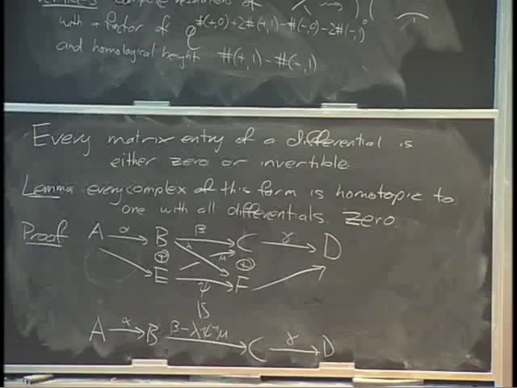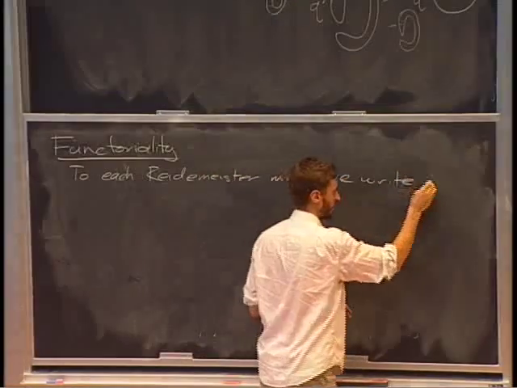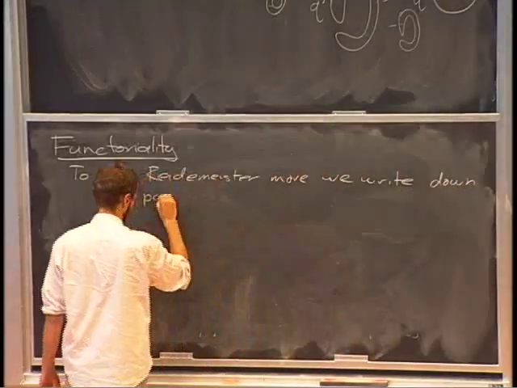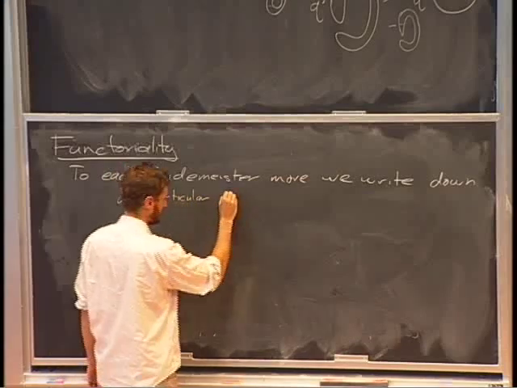So to each Reidemeister move, we write down a particular homotopy equivalence. I certainly won't do this today, but you can look it up in various papers.